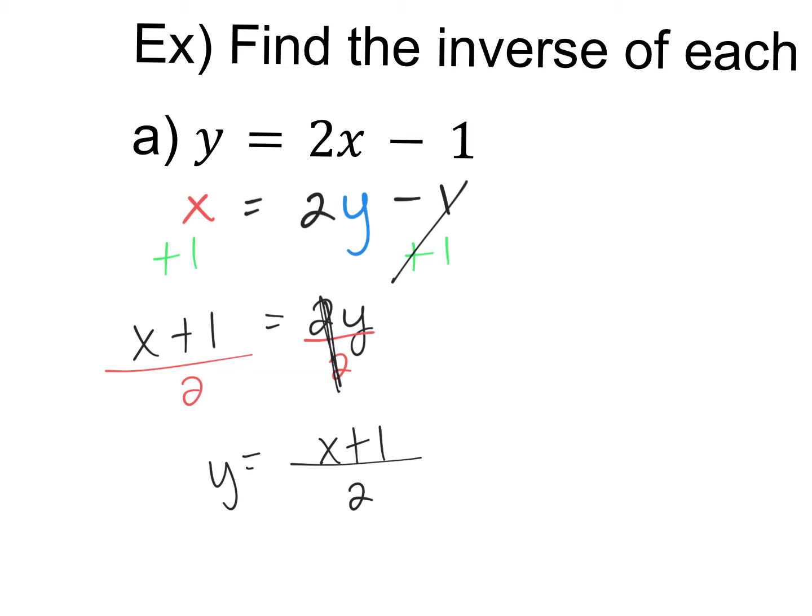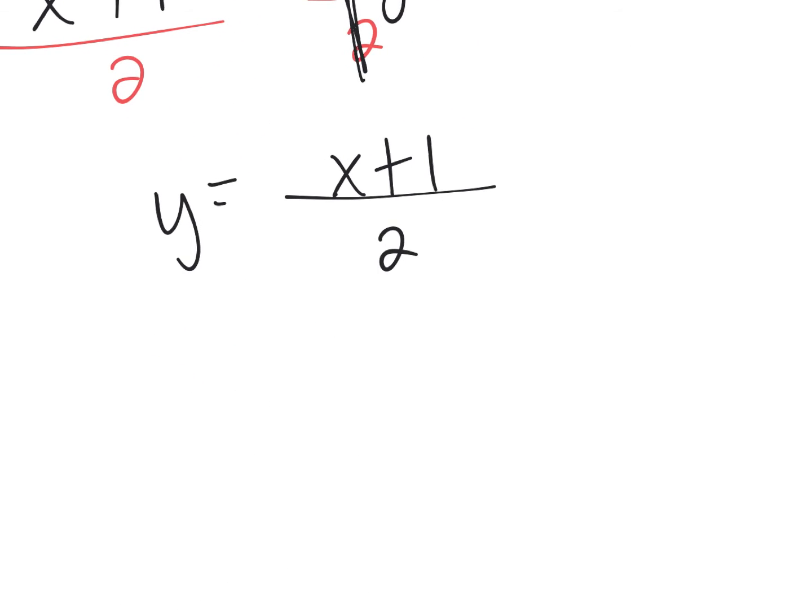Another way you could write this that might help you answer this next part, algebraically, I'm actually going to take that box off. Sorry. All right, so I'm going to take that box off. You could write it as y equals, remember that x has a 1 in front of it, so you could write it as 1 over 2x plus 1 over 2.